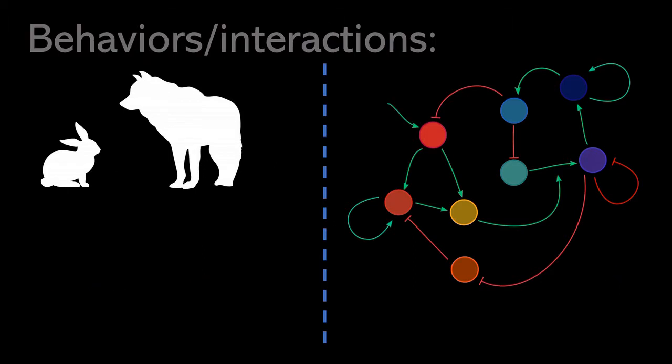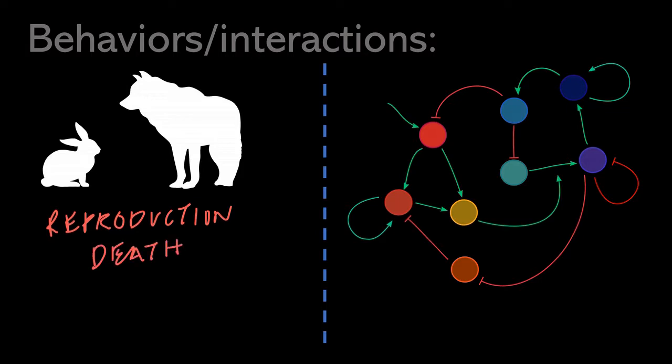Objects within your model will have both behaviors and interactions. So the behaviors are what an object can do on its own, and an interaction is what objects do to each other. So here in the Lotka-Volterra model, we have as the behaviors reproduction and death.